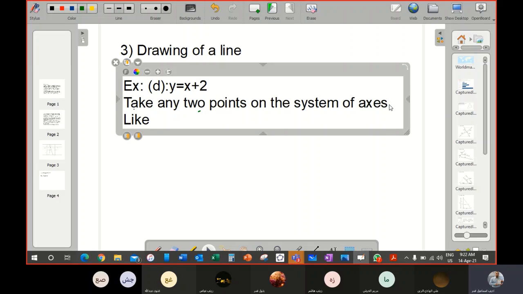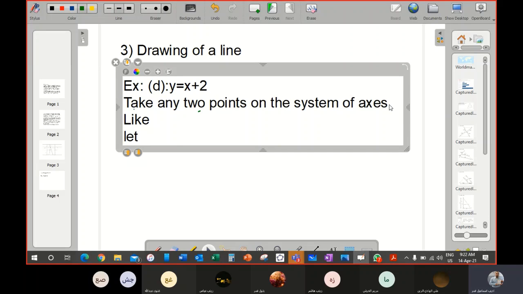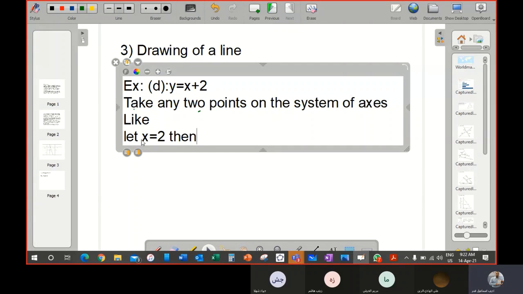Let x equal 2. We substitute it in line D. Instead of x, we put 2. Then y equals 2 plus 2. So y equals 4.